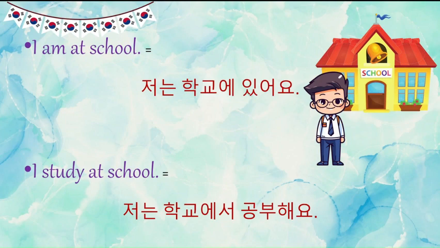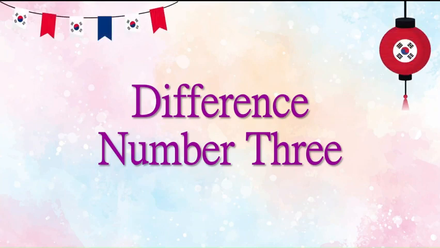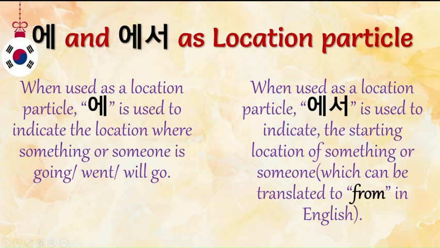Okay, next comes difference number 3. Let's move ahead and see that. Again, it comes when 에 and 에서 are used as location particles. First, talking about 에, when it is used as a location particle, it indicates the location where something or someone is going, went, or will go.